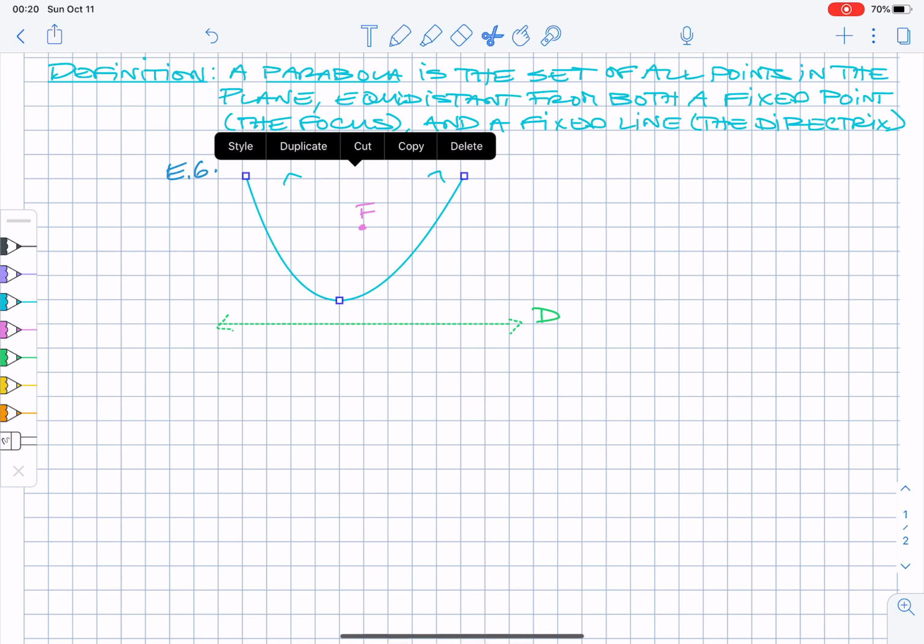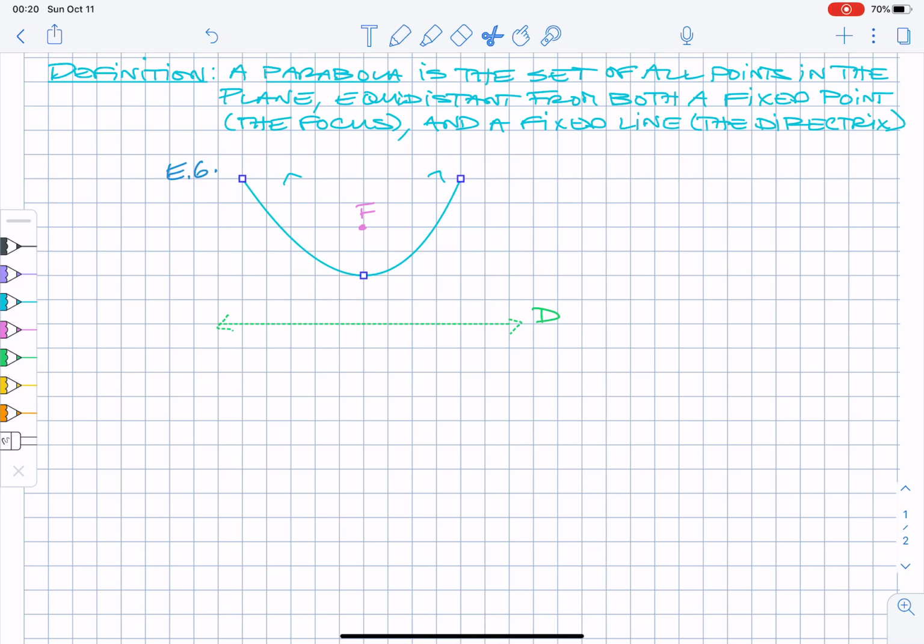Okay, maybe that's a bit better. So if I take a random point P on the parabola, the distance from that point to F and the distance from P to the directrix at a 90-degree angle is equal.